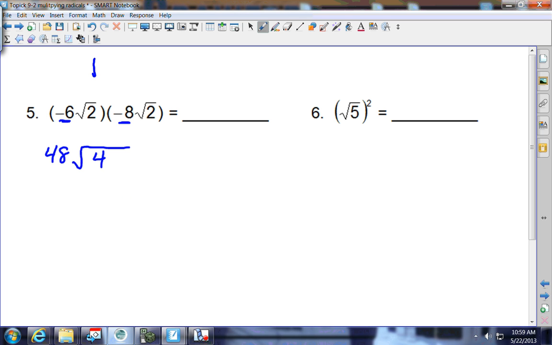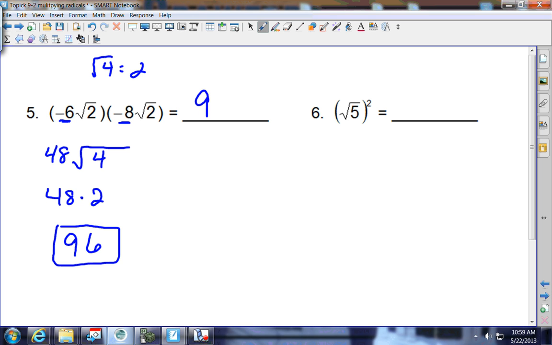Well, what's the square root of 4? 2. So this becomes 48 times 2. Nothing's left underneath the square root sign. What's 48 times 2? So your answer is just 96.